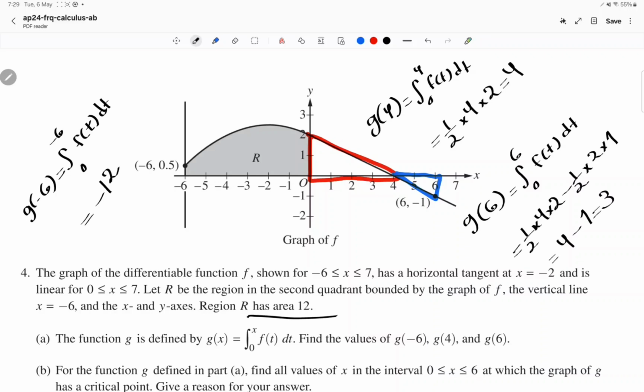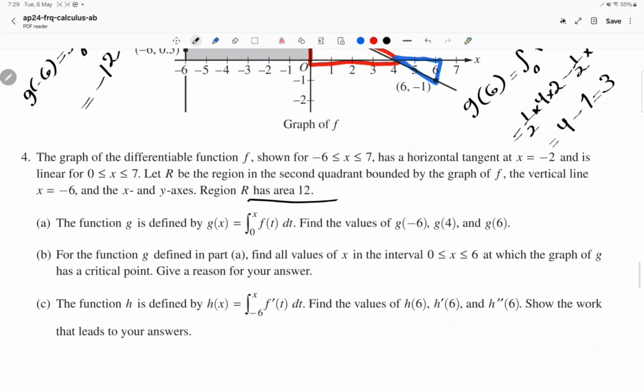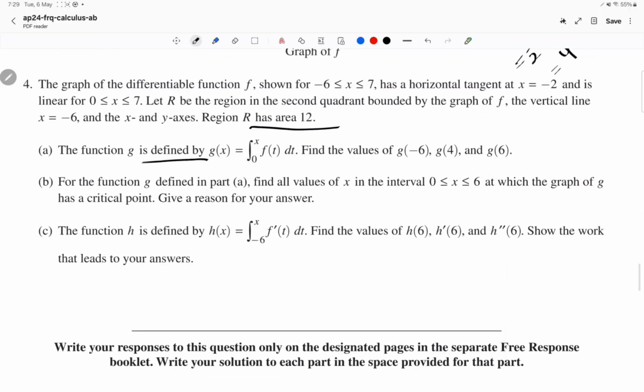Very good. Easy. Now, part B says, for the function g defined in part A, find the values of x at which the graph of g has a critical point. Now, to assess critical points, you must take g and differentiate it. So you're going to say g prime of x is equal to, when you differentiate, the integral goes away, f of x. And of course, the critical point means you have a 0 at these points.